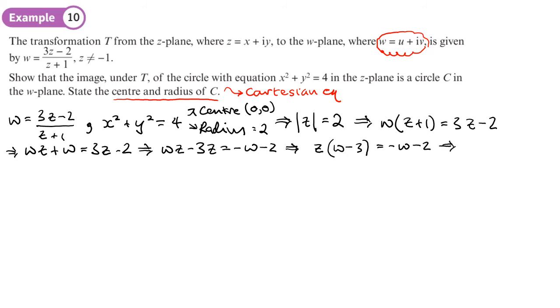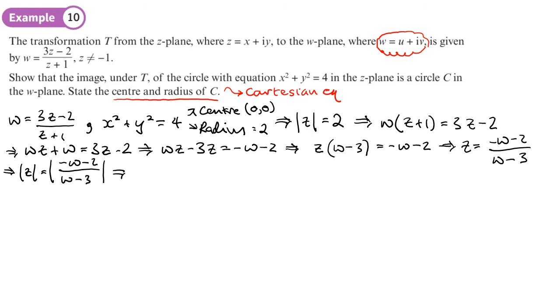Then we'll divide both sides by w minus 3. So we end up with this. z equals minus w minus 2 over w minus 3. Next step is to do the modulus of both sides. We'll have the modulus of z equals the modulus of all of this, minus w minus 2 over w minus 3.